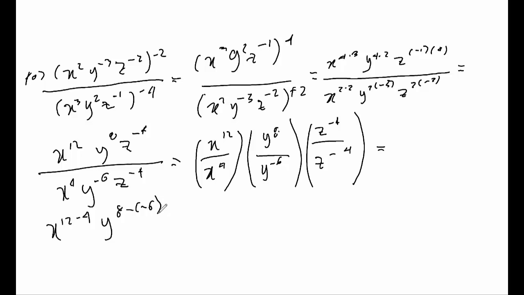Notice how I'm very careful of my signs because it's a quotient. And then I have z to the negative 4 minus negative 4.